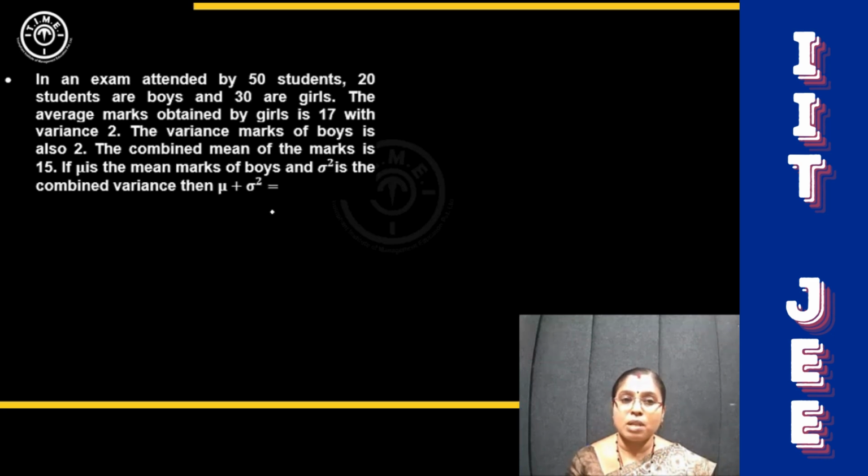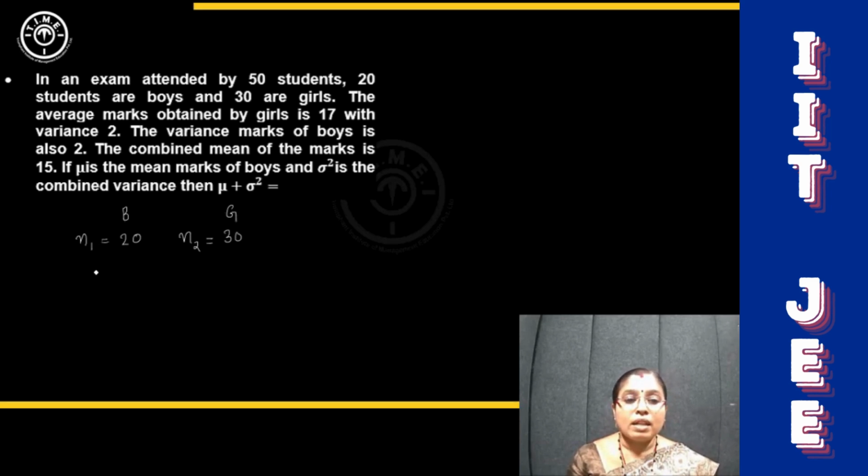we have to find out mu plus sigma square. So given that there are 50 students, out of which 20 are boys and 30 are girls, let's take n1 to be the number of boys, which is 20, and n2 the number of girls, which is 30.